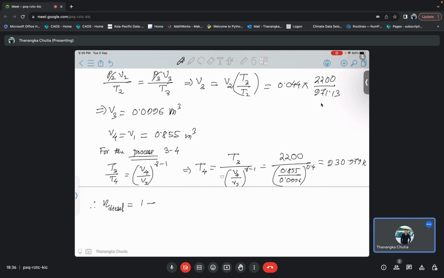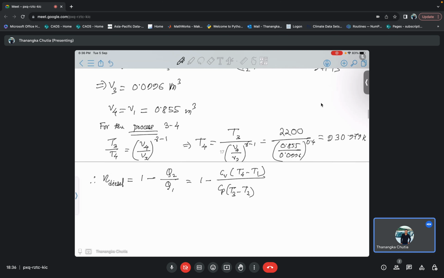So therefore eta diesel will be equal to 1 minus Q2 by Q1. Q2 is the heat rejection process and that is a constant volume process, so this is Cv times T4 minus T1, and the heat addition process is a constant pressure process, so this is Cp times T3 minus T2. So it becomes 1 minus (T4 minus T1) divided by gamma into (T3 minus T2).